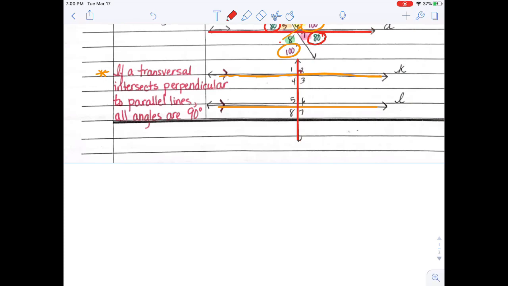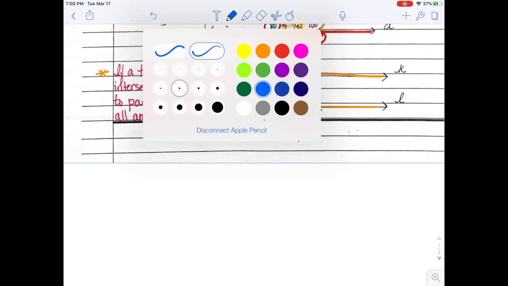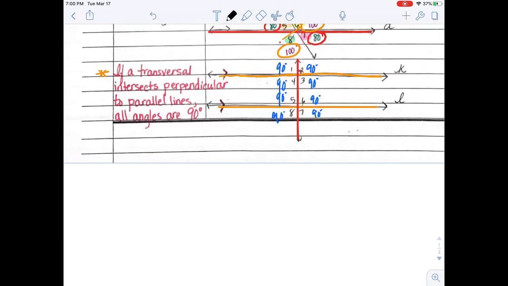Well, if it hits it at a 90-degree angle, that means angle 2 is 90, angle 3 is 90, 6 is 90, 7 is 90, and they are all 90 degrees. So that one is super easy. So I'm going to do one super fast example, and then we're going to let you go on your own.